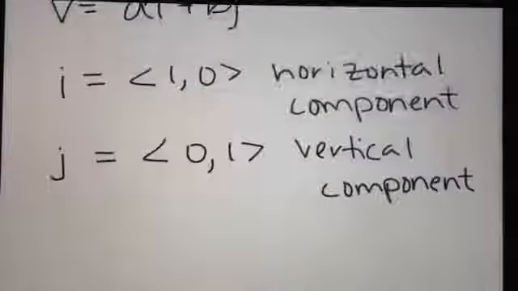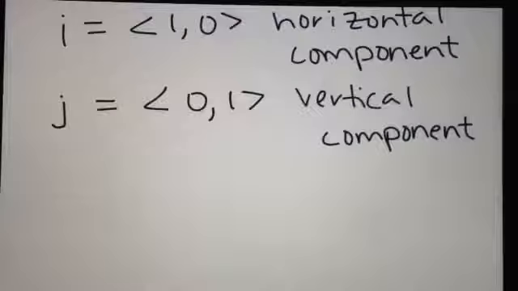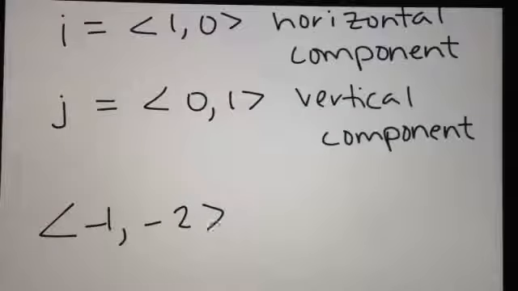So basically, the numbers that were in your original vector inside those little V-shaped brackets, the a and the b, those coefficients are actually the exact same numbers. So if the component form of a vector was written as -1, -2, then we could write that as the vector equals -i minus 2j.